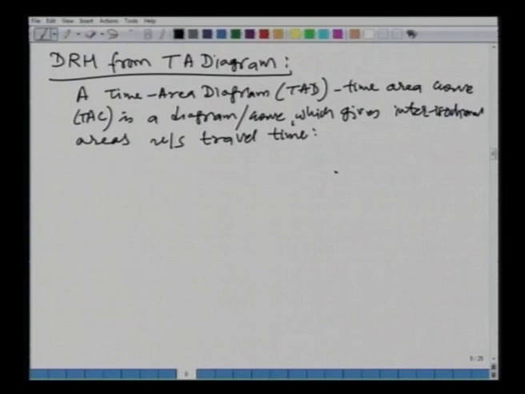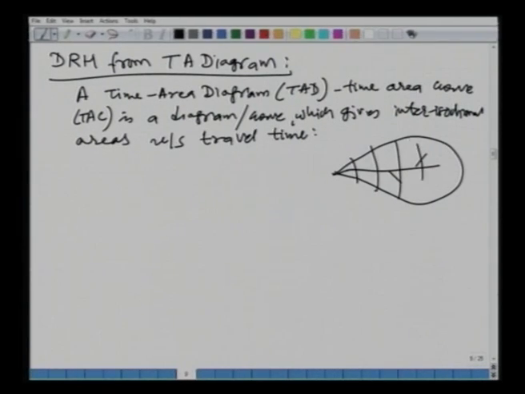Let us say that we have this catchment in which this is your stream network. Let us say that we have divided this, using the isochrones, into different isochronal areas. Let us say this is A1, A2, A3 and so on, up to AI.